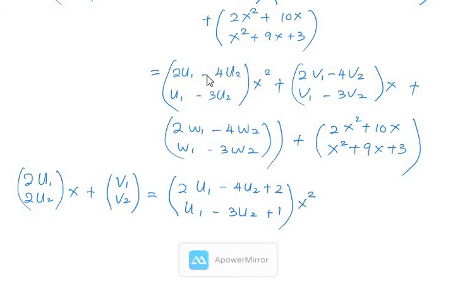Okay, so this part I have the x squared. I collect all this here. And then for the x, this one is all the x. This one also x.